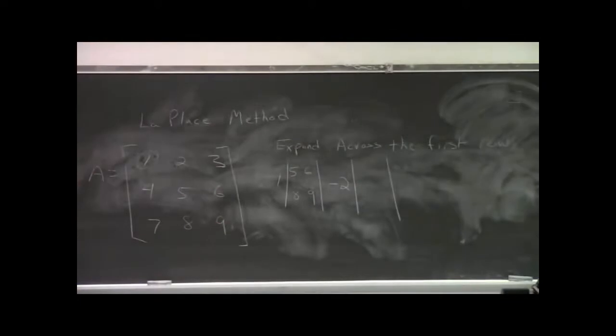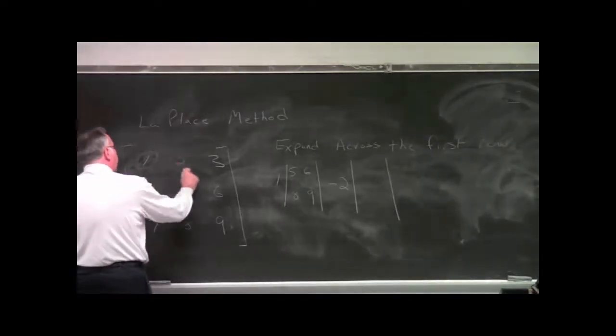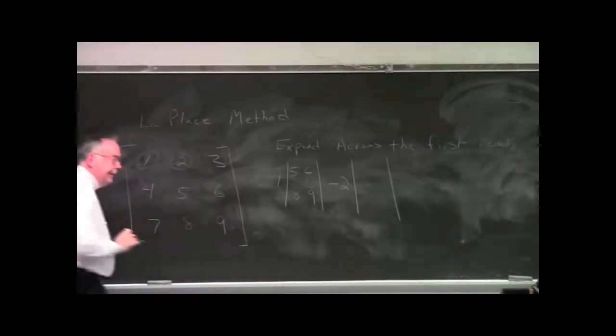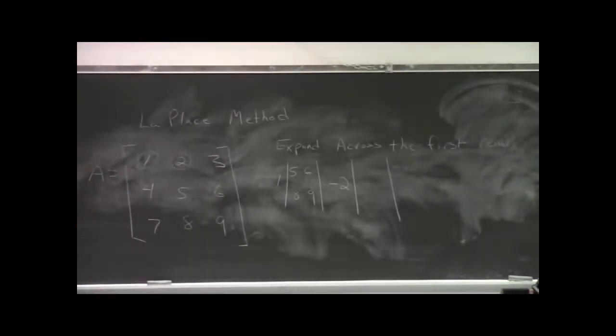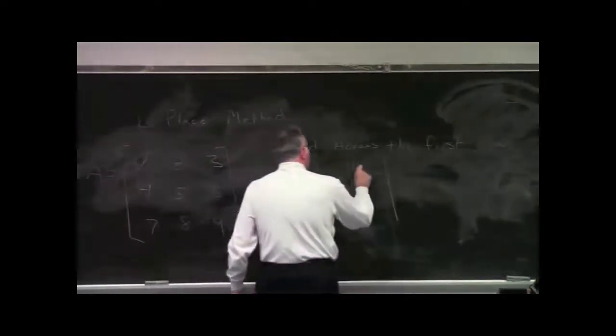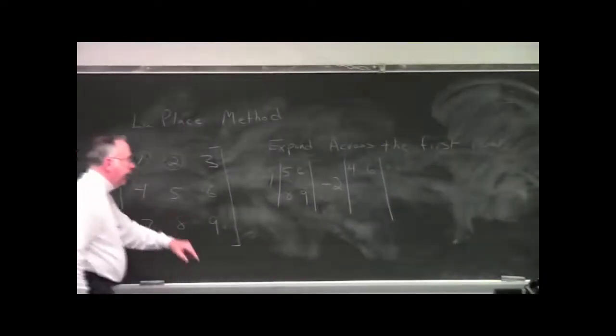And then you multiply that minus 2 by the minor of that element. And now, for this element right here, its minor is found by deleting the first row and the second column. So what you're left with is this, 4, 6, 7, 9.